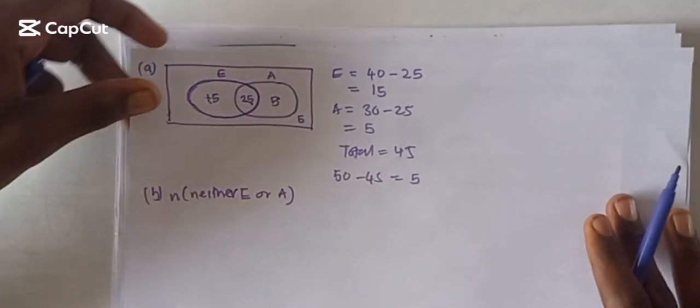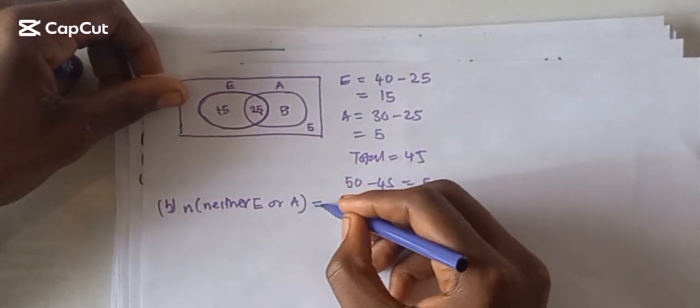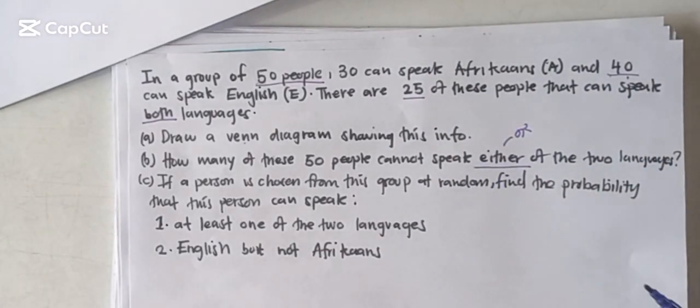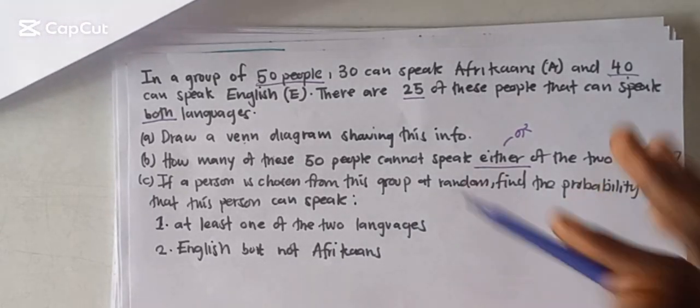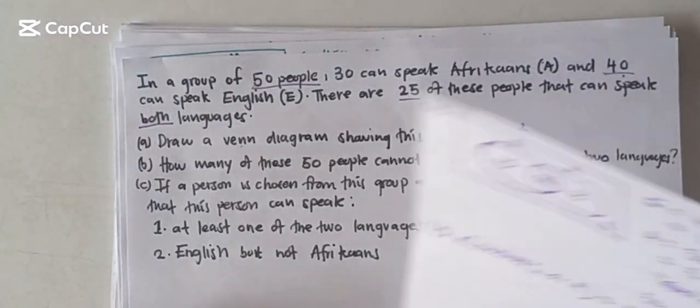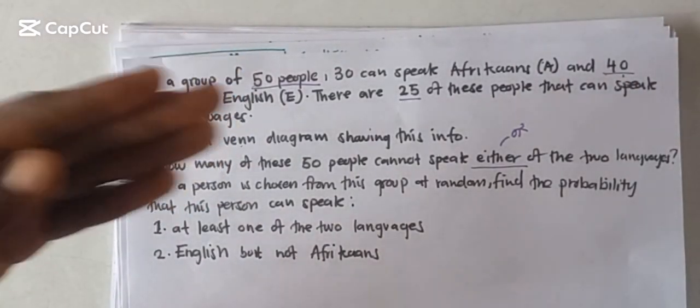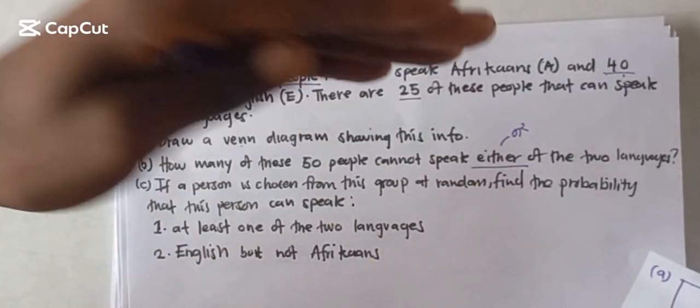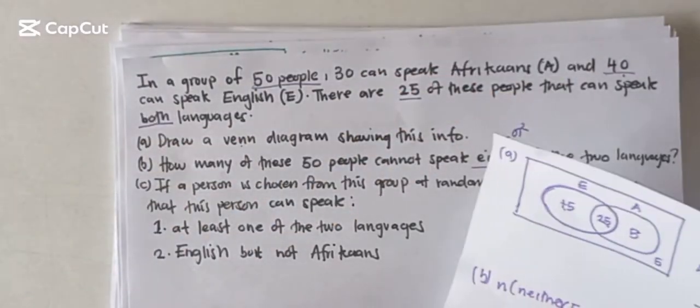Hence I say they are just looking for the total number of people who speak neither of these languages. There are going to be 5 people out of those 50 people that cannot speak either of these two languages.